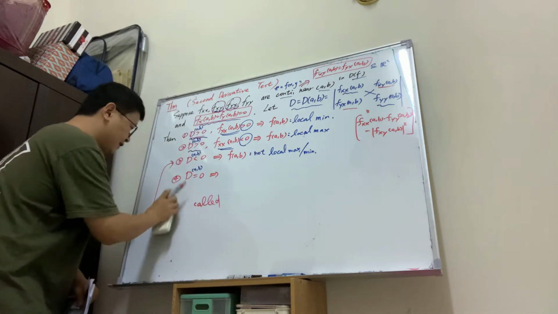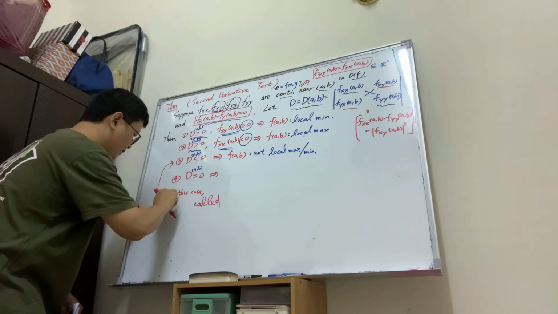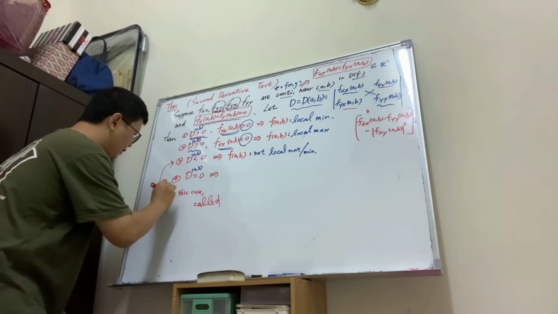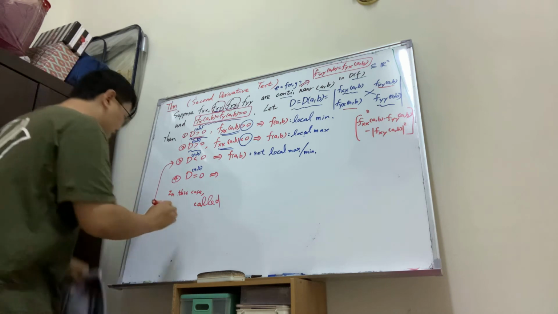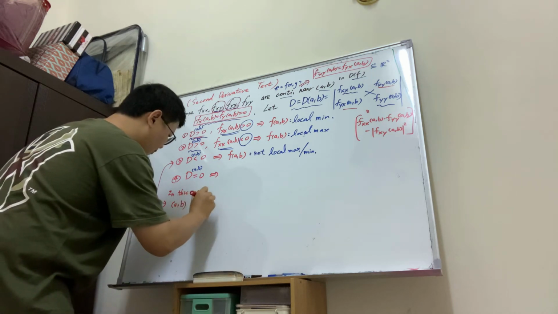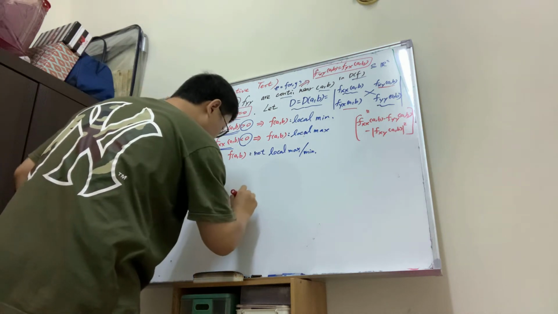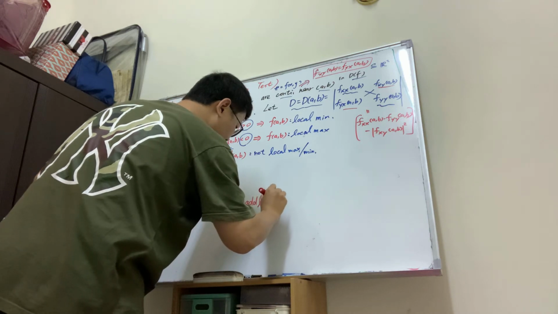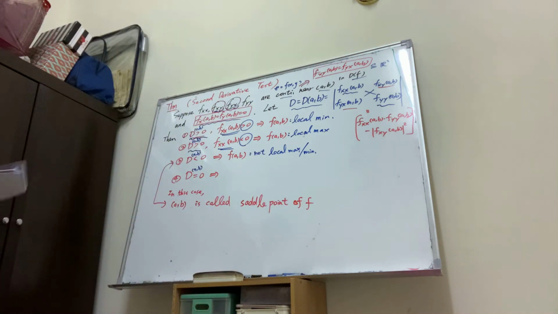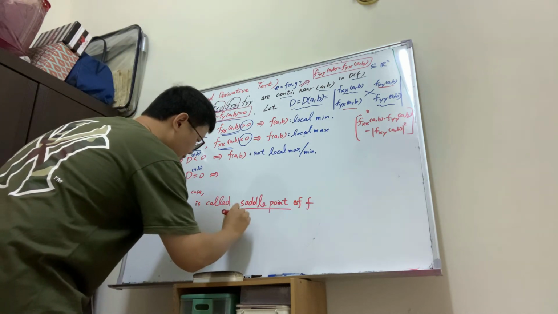If the determinant is non-zero, so if the determinant is less than 0, then the point (a, b) is called a saddle point of f.